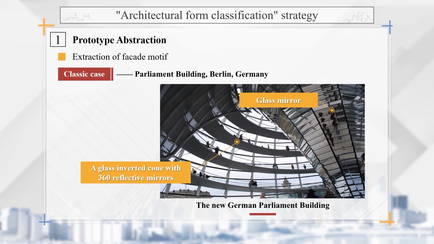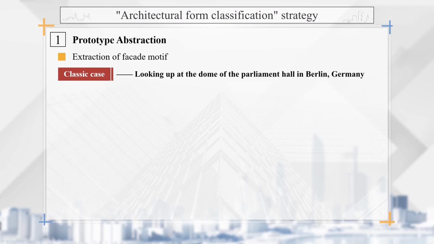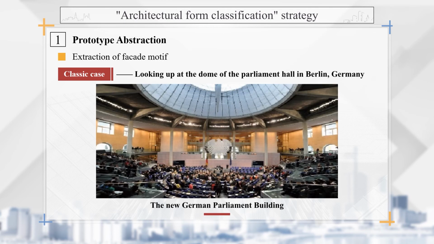The overall space is bright and dynamic. People visit and exchange ideas in this transparent, open dome, not only overlooking the city of Berlin, but also having a clear view of parliamentary agenda in the Parliament Hall.